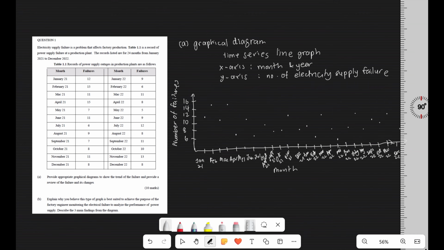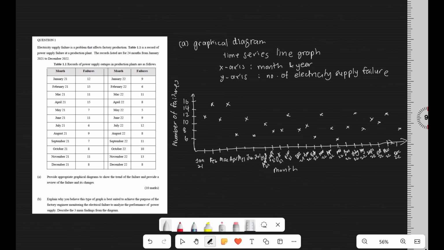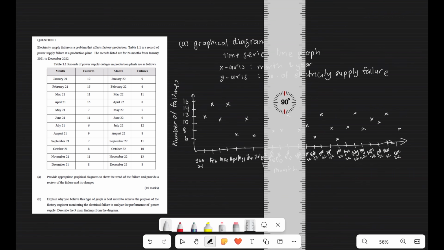Okay, so these are your data. Okay, and then take your ruler to draw the line.